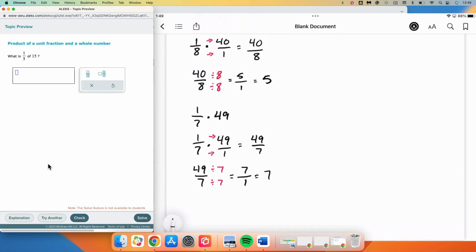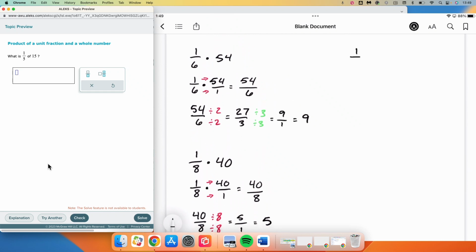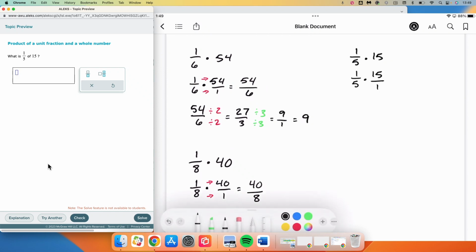So 1/5 of 15. We'll go over here to the right. 1/5 of 15 is 1/5 times 15, which is equivalent to 15 over 1. With fractions, we just multiply straight across.